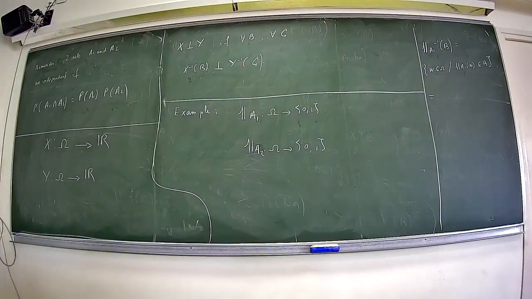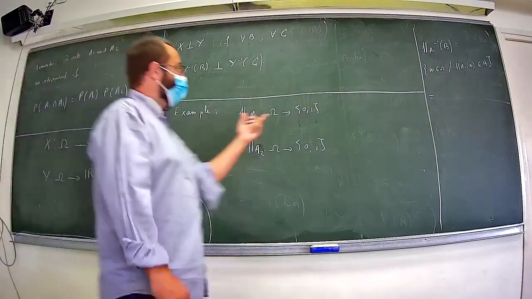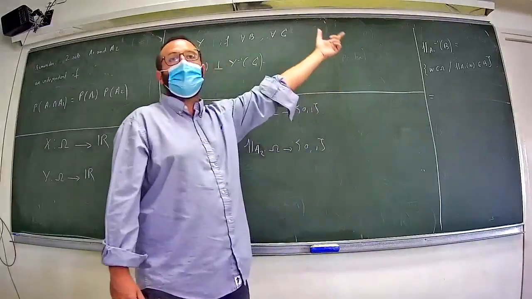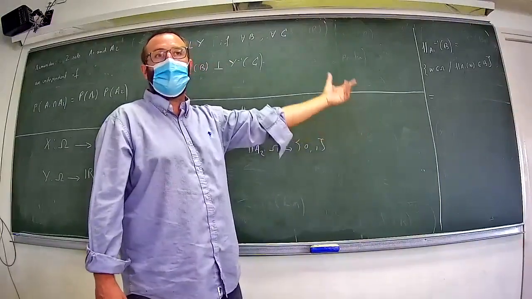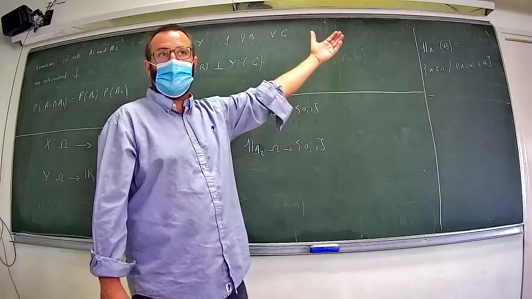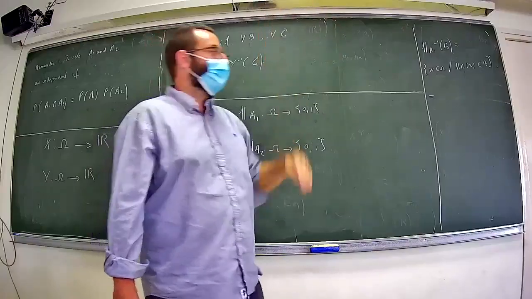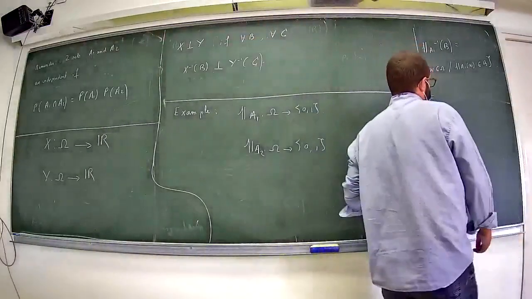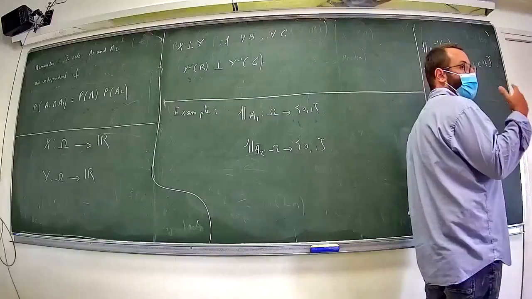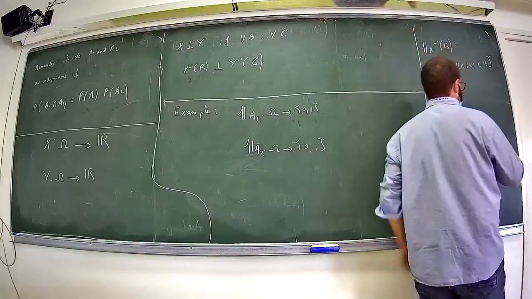And this fact implies that the number of possible preimages, okay, is finite and in fact equal to 4. Why? Because I have four possible situations.